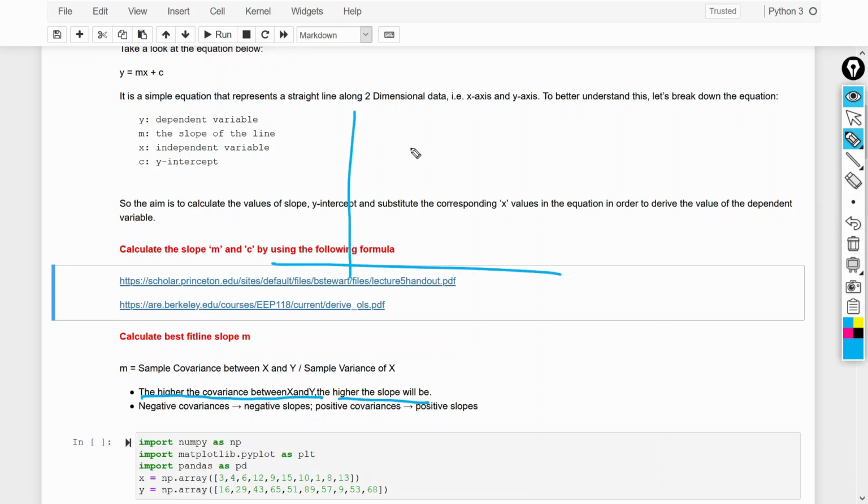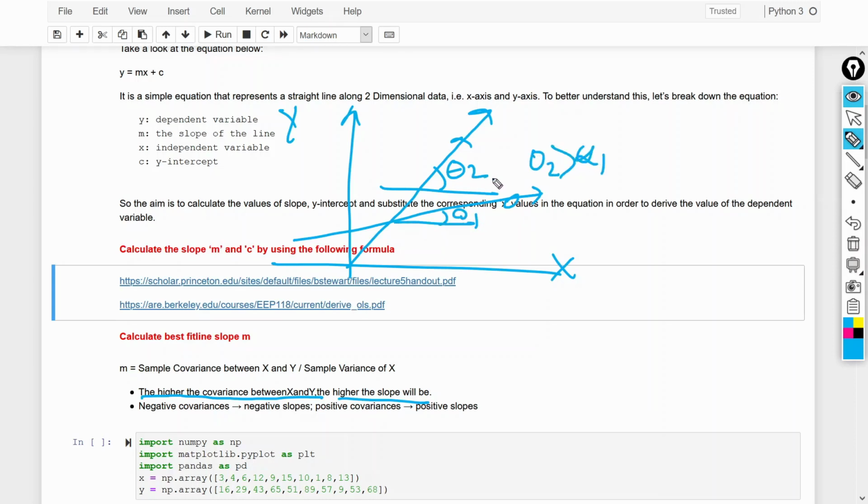If you see here, this is your y, this is your x. This is positively correlated, but the correlation will be less. This other line will have more correlation compared to this line. The slope is theta 2 here and theta 1 here, so theta 2 is greater than theta 1.